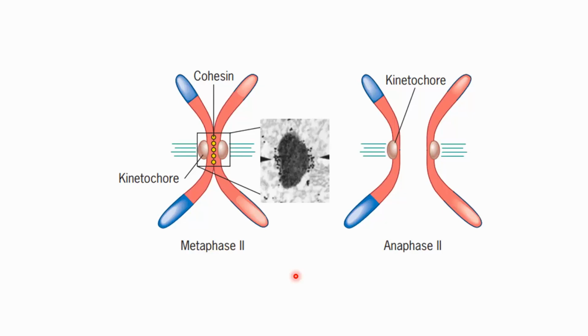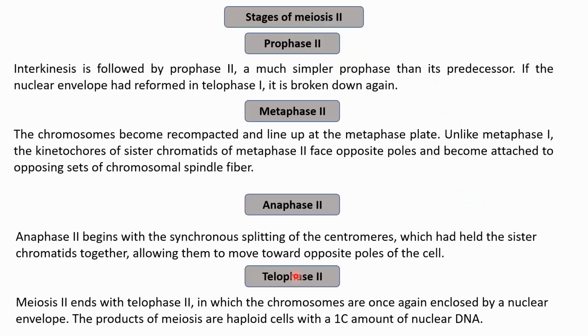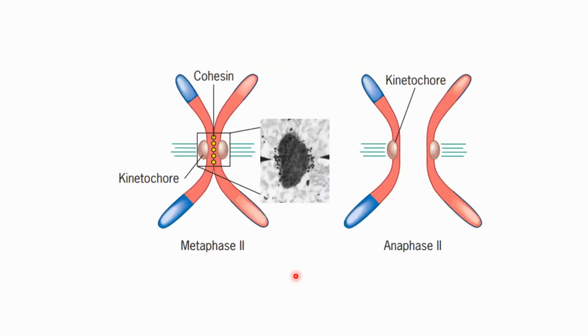And finally, in the anaphase 2 stage, the kinetochores bound to the spindle fibers of the opposite poles get separated, and these sister chromatids separate from each other. After anaphase 2, which is followed by telophase 2, the nuclear envelope forms once again, which marks the end of the meiosis 2 stage.